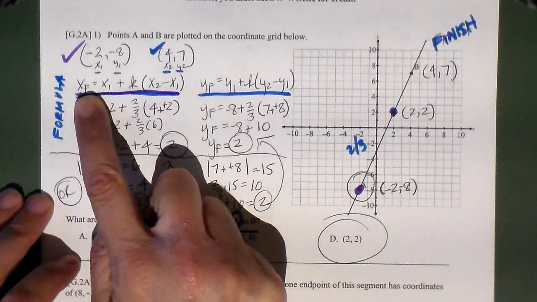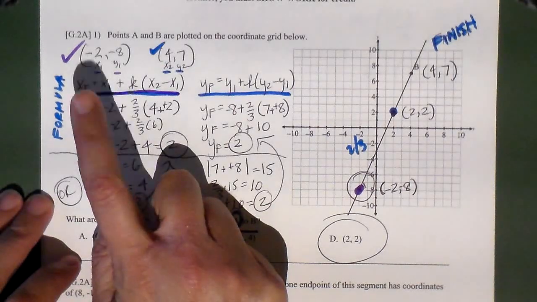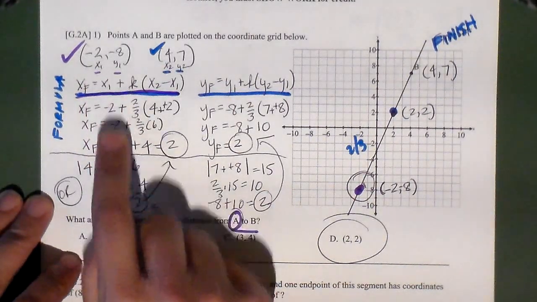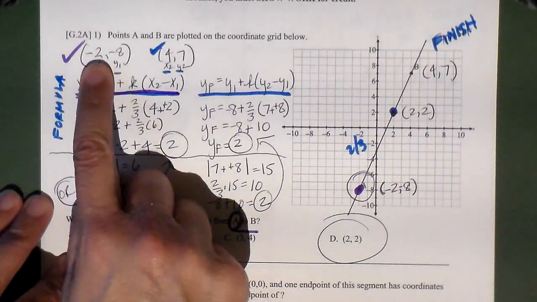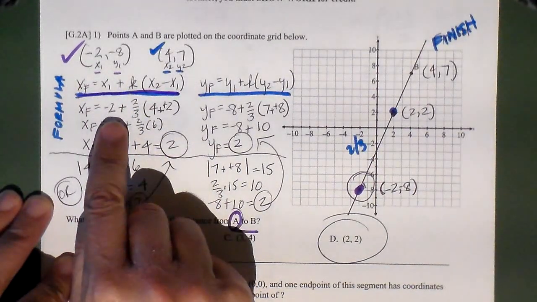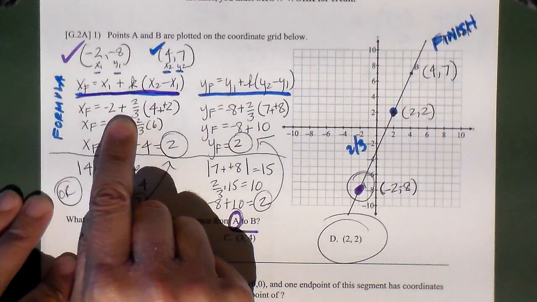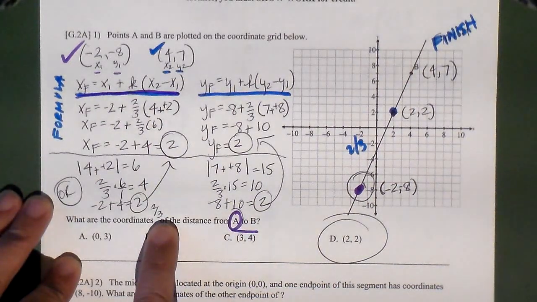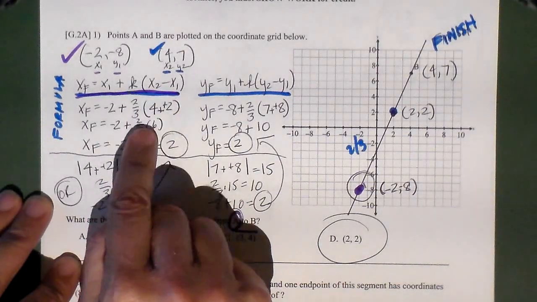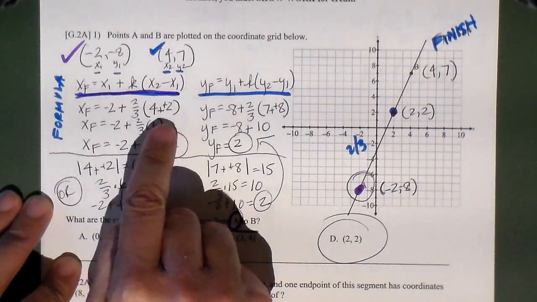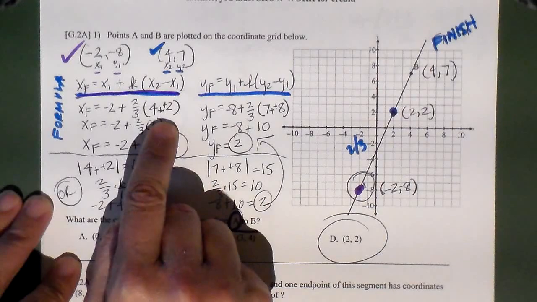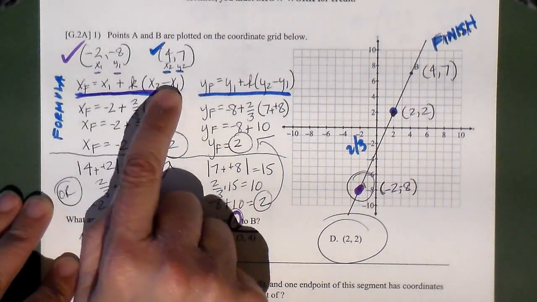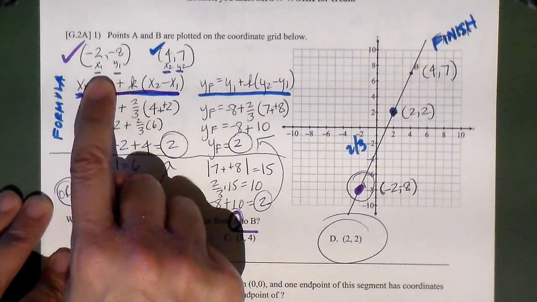So xf is the fractional coordinate you're looking for, the x coordinate. x1 is where you started, and we started at A, right? So we're going to start with -2, plus k, which is 2/3, that's the distance we're traveling, times 4 minus -2. -2 was what was there, and I changed it to plus a positive. 4 is x2, minus -2, which is x1.